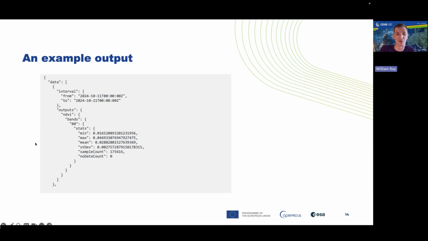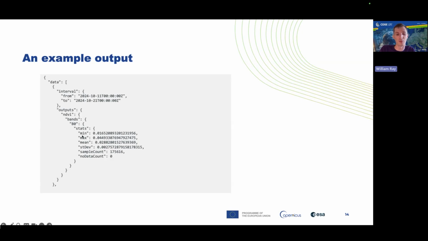Just for simplicity, I've got one here. And you can see here that our interval was a 10-day interval from the 11th of October 2024 to the 21st. And in our outputs, we have our NDVI band here, which we were generating back in our Evalscript. And we've got some stats that have been created here for our field of interest.